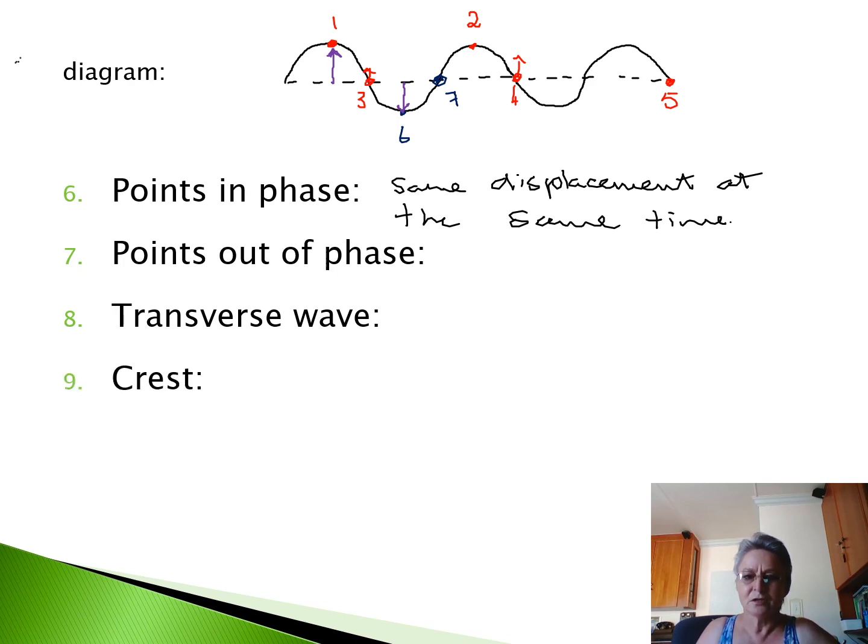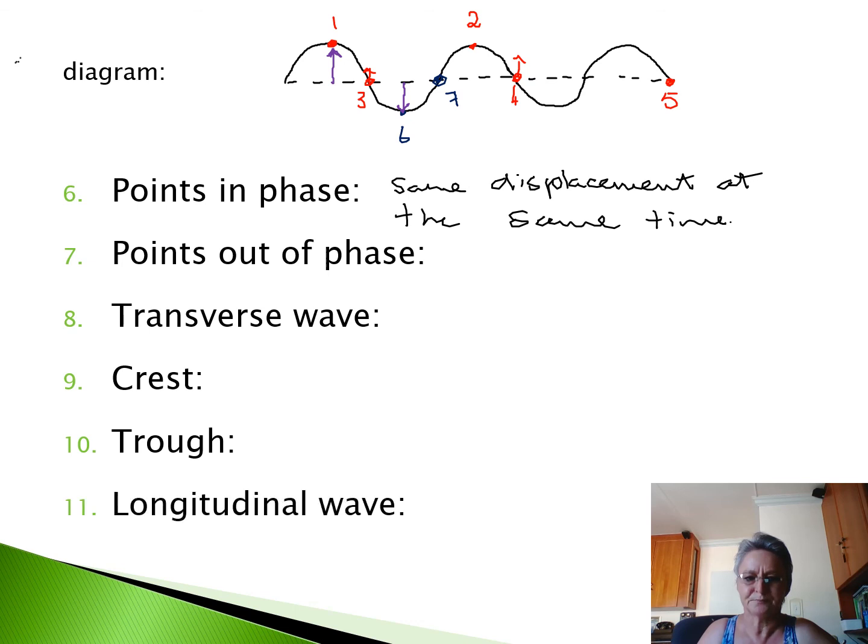Transverse waves will have crests, which are the highest points on the wave, and troughs, which are the lowest points on the wave. A longitudinal wave disturbs the medium parallel to the direction of propagation, so it will have compressions and rarefactions. You can go to grade 10 to describe that.